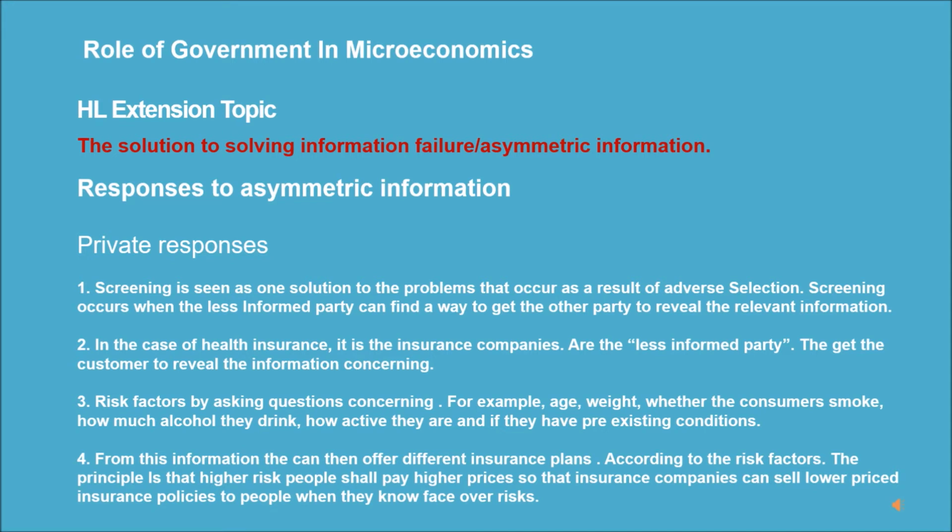From this information they can then offer different insurance plans, according to the risk factors. The principle is that higher risk people shall pay higher prices so that insurance companies can sell lower priced insurance policies to people when they know they face lower risks.